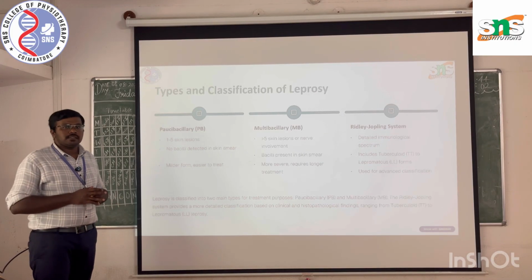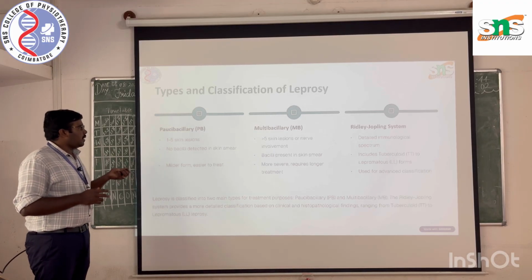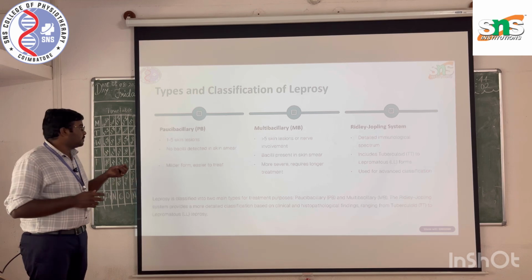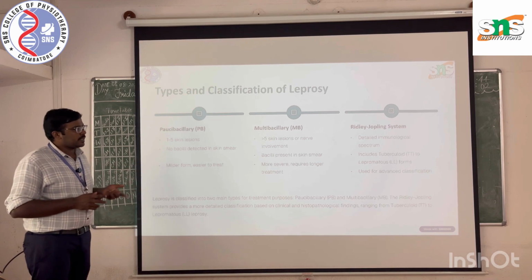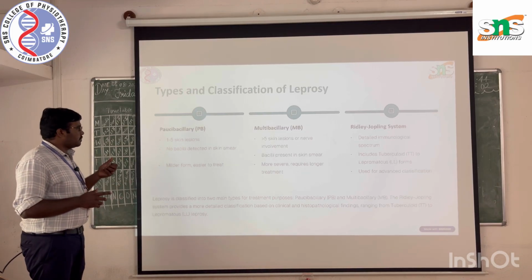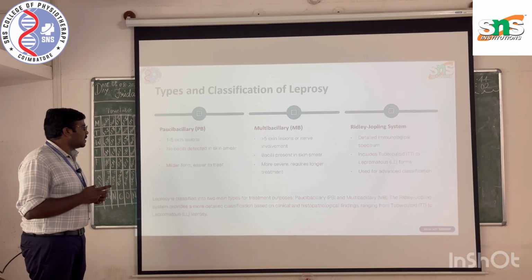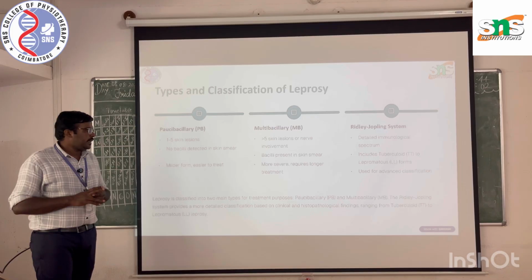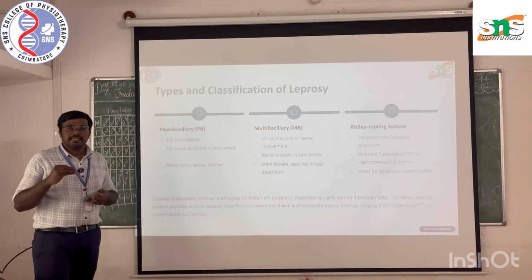Now the types and classification of leprosy. We have three types: paucibacillary leprosy, multibacillary leprosy, and the Ridley-Jopling system. In paucibacillary leprosy, there are 1 to 5 skin lesions, no bacilli are detected in the skin smear, and it is a mild form that is easy to treat.